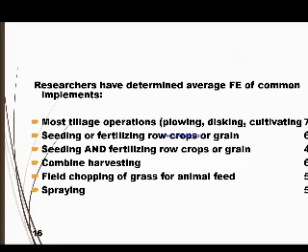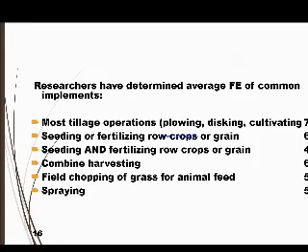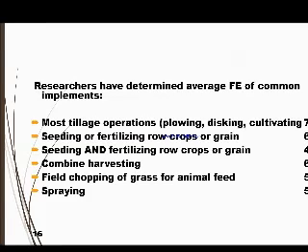However, the highest is of course the tillage operation, which does not require stopping. The combine harvester is between 65 to 80%, field chopping for grass, hay, or pasture operation about 50 to 75%, and spraying about 55 to 60%.